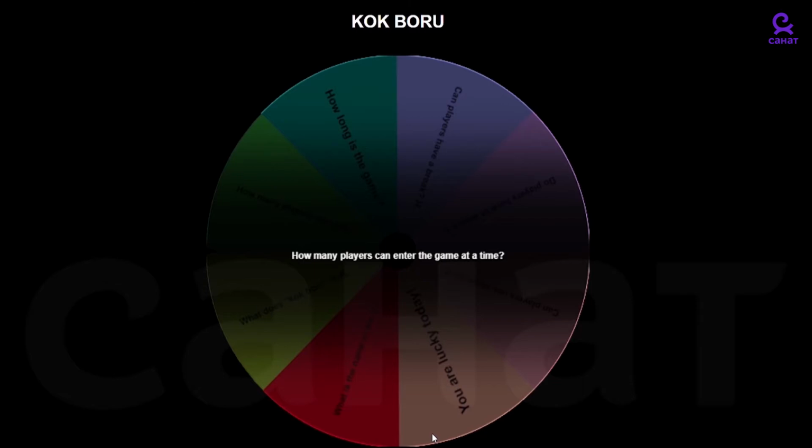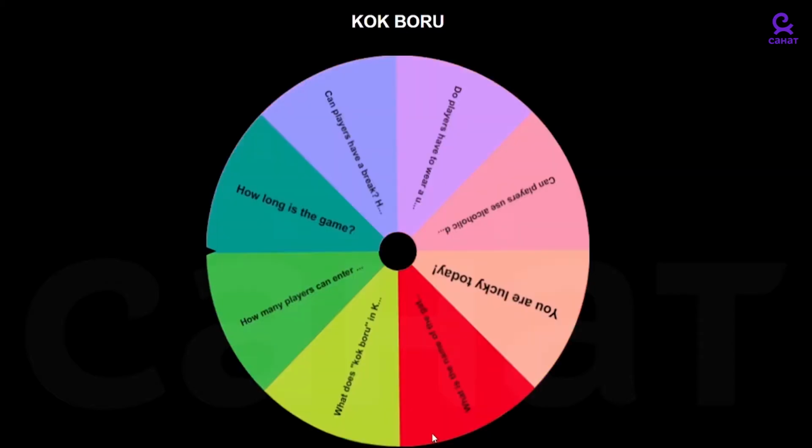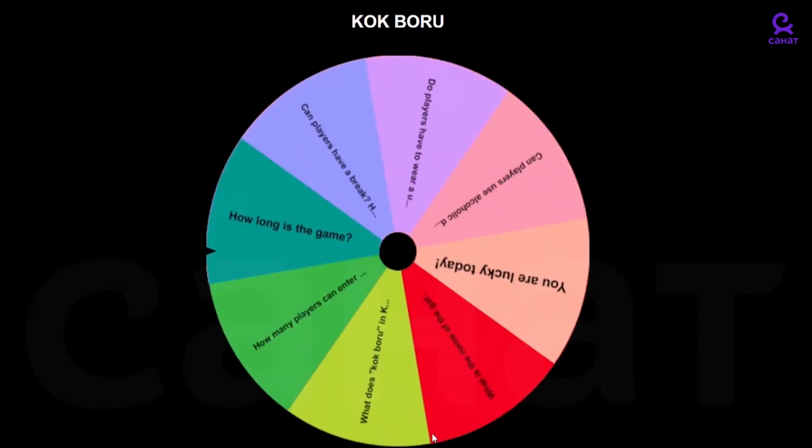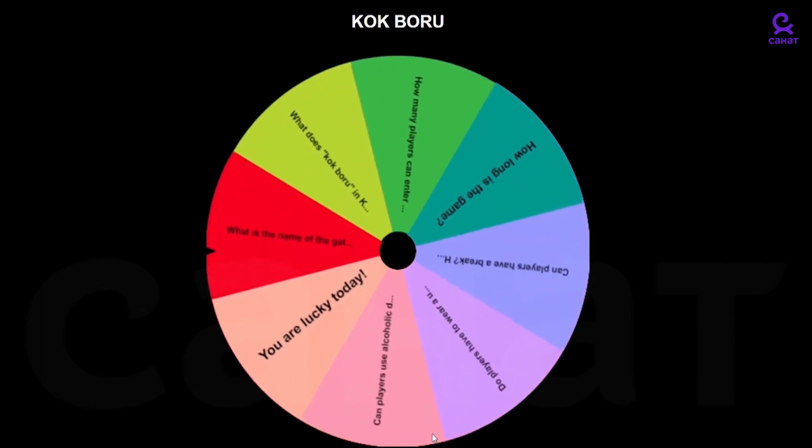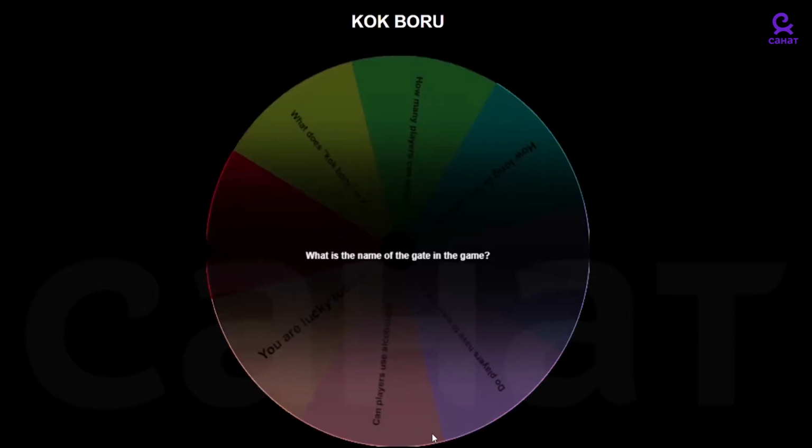How many players can enter the game at a time? 4 players, and absolutely true. 1 score. Next question. What is the name of the gate in the game?